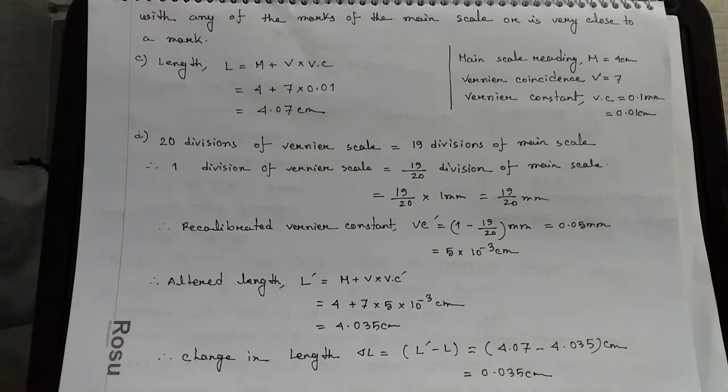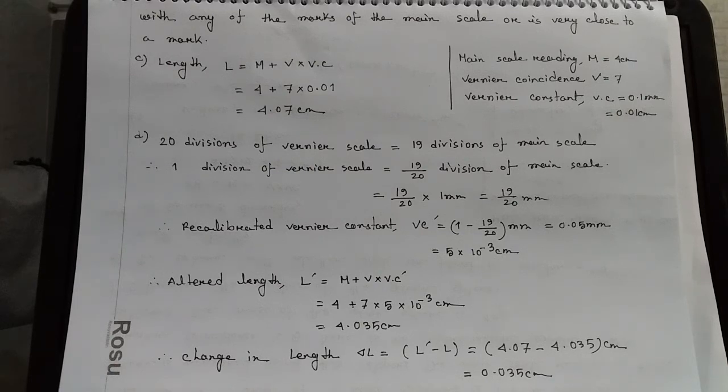So for this recalibrated scale, what will be the recalibrated Vernier constant? By definition, the Vernier constant is the difference between one smallest division of the main scale and one division of the Vernier scale.